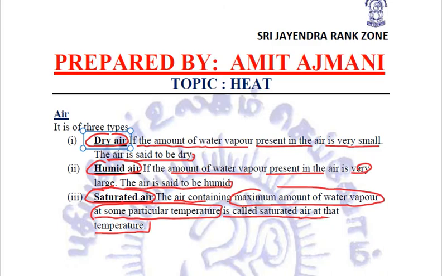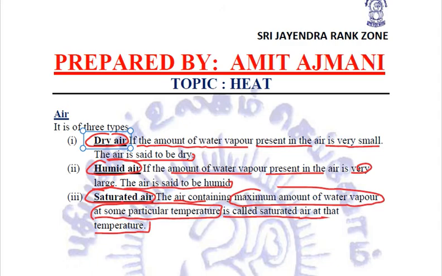We need to relate the reason why mercury is commonly used in thermometers, and the reason is because it is opaque, it is shiny, and it undergoes uniform thermal expansion through a very wide range, and its range varies from minus 30 degrees Celsius to 300 degrees Celsius.